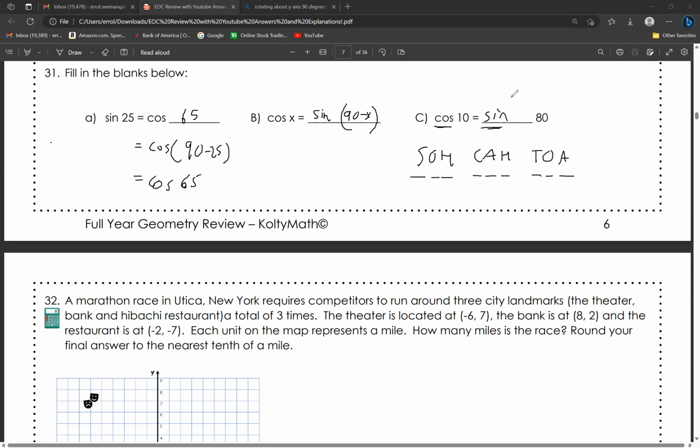Cos becomes sine, and then this one is 80, which is your 90 minus 10. This is your 10 right here. 90 minus 10 is 80. Okay. Get it? You just got to know the relationship between cos and sine, or sine and cos.